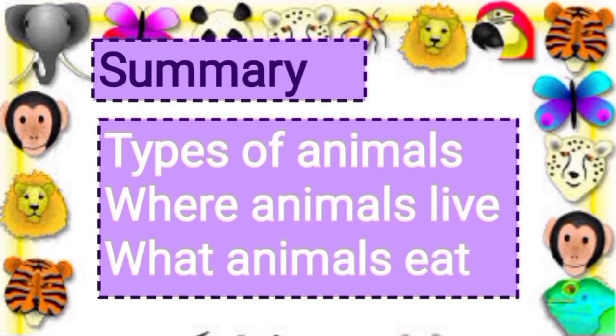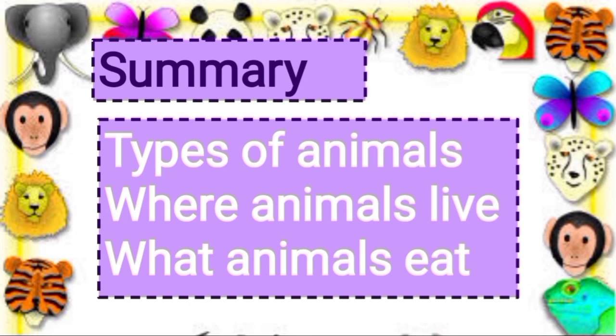So today we have learned that based on the presence or absence of backbone, animals can be divided into two groups, vertebrates and invertebrates. And animals with a backbone, or vertebrates, can be further divided into groups such as fish, birds, amphibians, reptiles and mammals.